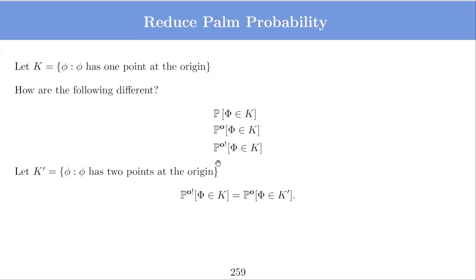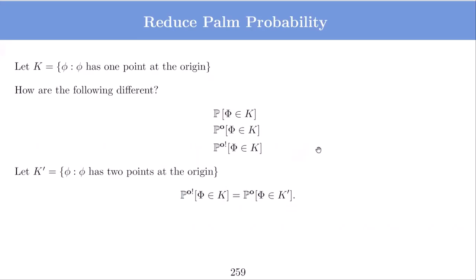Now, given that there is a point at the origin, what is the probability that phi, without considering that point, has one point at the origin? This means that if you consider that point, there will be 2 points. So given the condition that there is a point at the origin, what is the probability that there are a total of 2 points at the origin, or one extra point there?